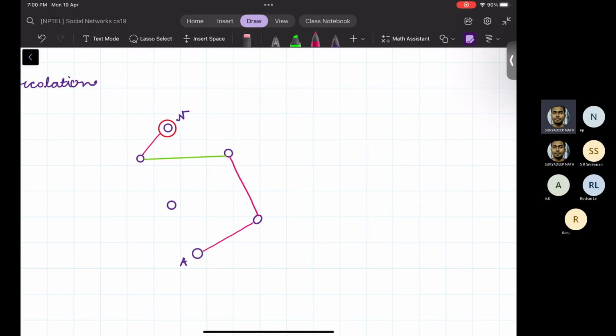In option three, they are saying that there exists more than one path with one open edge from the infected node to node A. So let us draw a few more edges.